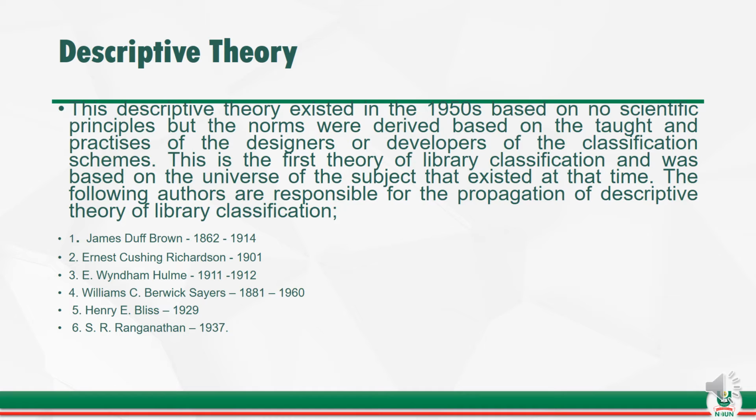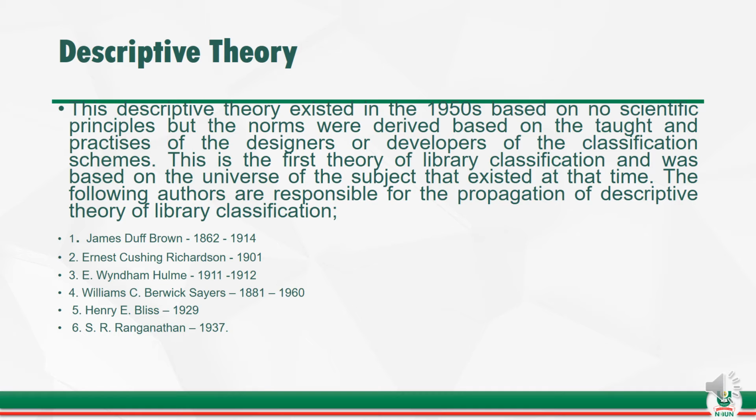Descriptive theory existed in the 1950s, but it is not based on any scientific principles. It is the first theory of library classification and was based on the universe of subjects that existed in the 50s.